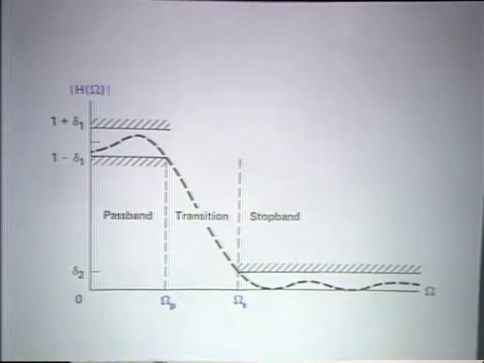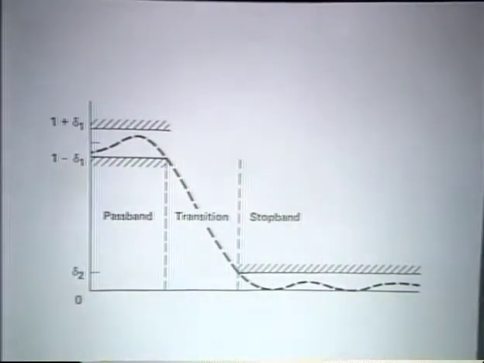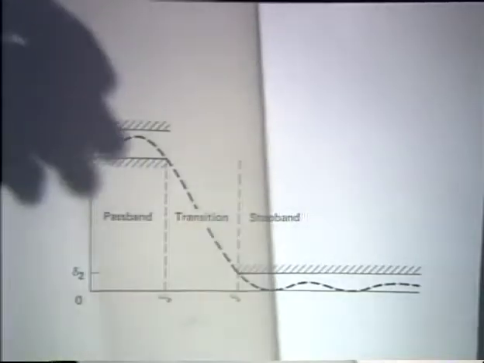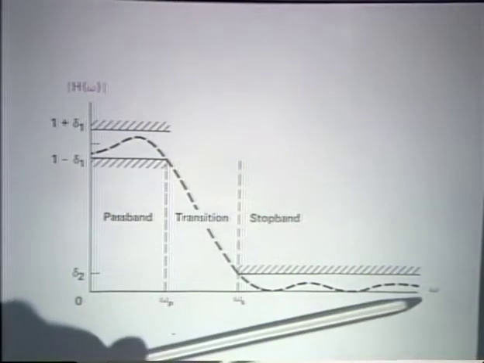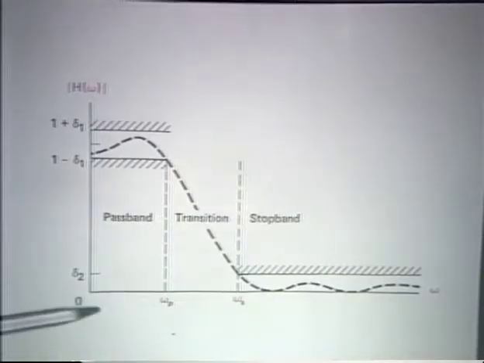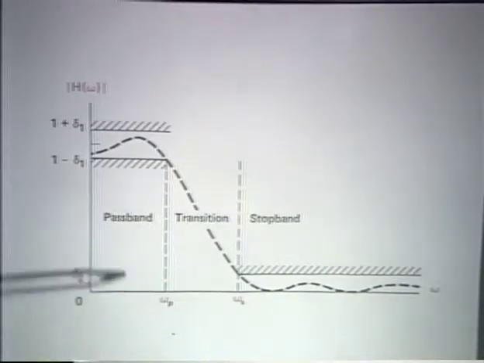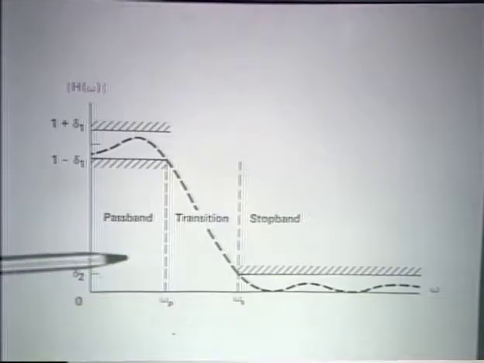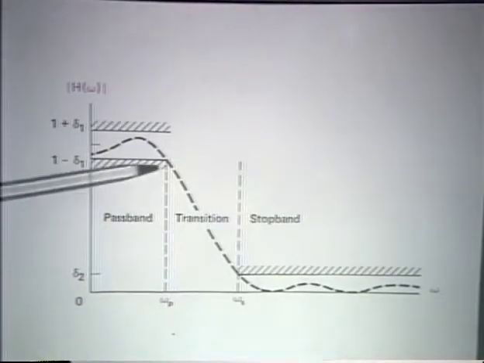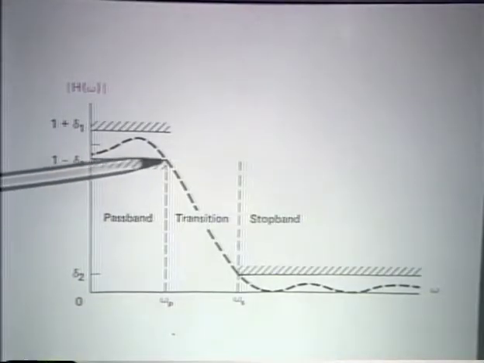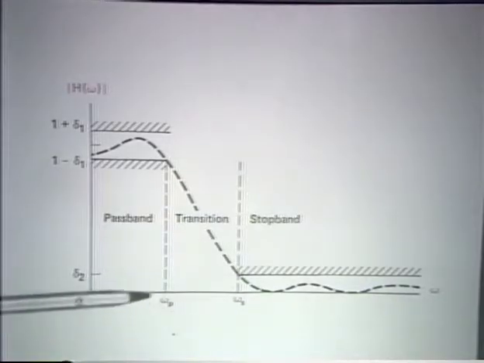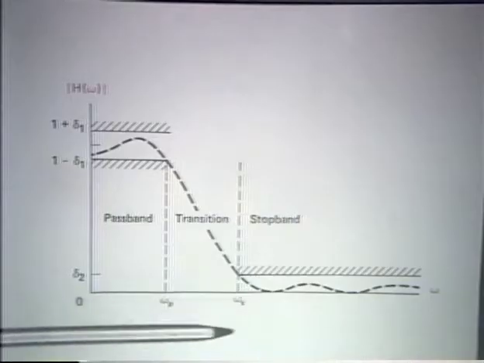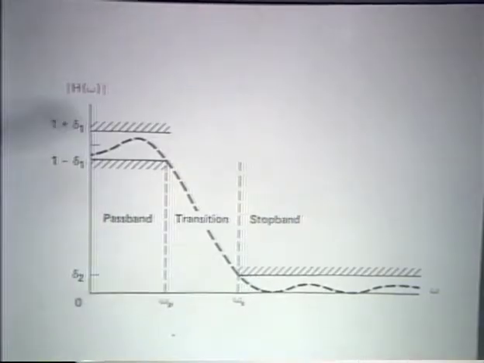We also have exactly the same situation in continuous time, where here we'll just simply change our frequency axis to a continuous frequency axis instead of the discrete frequency axis. Again, we would think in terms of an allowable passband ripple, a transition from passband to stopband with a passband cutoff frequency and a stopband cutoff frequency.